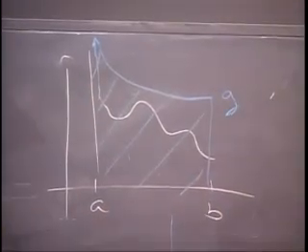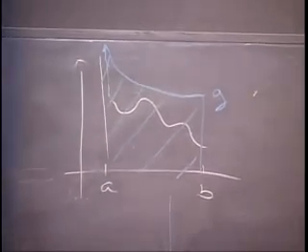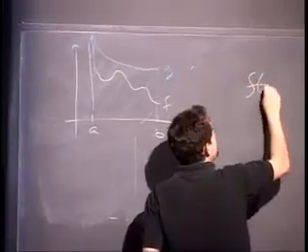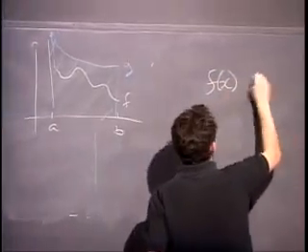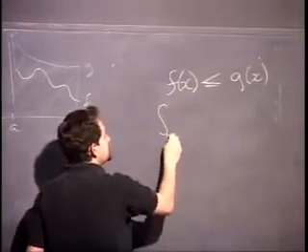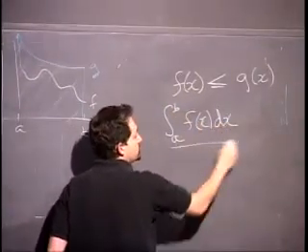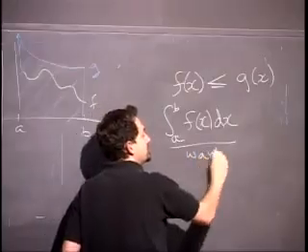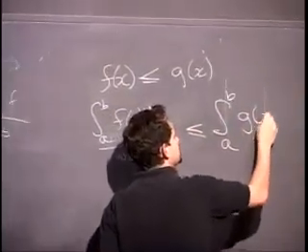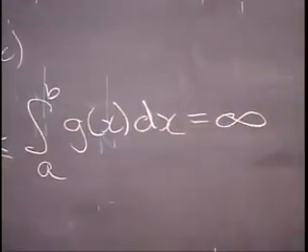What does that tell you about the white part underneath? Well, if we did the math, suppose that instead of f being bigger than g as it was, f of x is smaller than g of x, so that its integral, which is what we care about, is less than or equal to the integral of g, which is infinite, say.